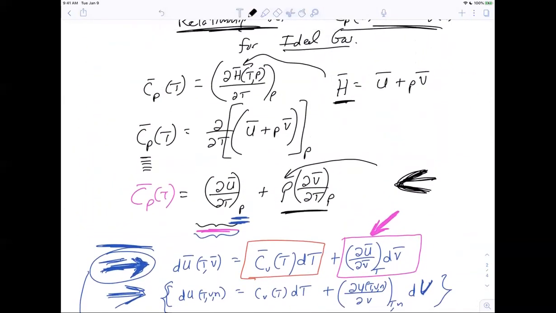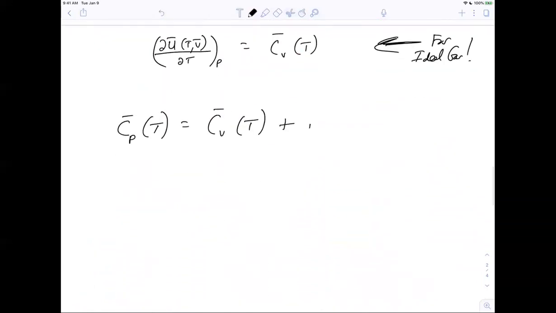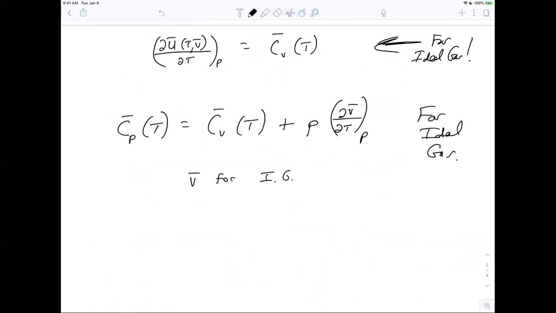We have to worry about this term, plus P times the partial of V bar with respect to T at constant P. Again, this is for an ideal gas. We're only interested in an ideal gas for the moment. Well, what's V bar for an ideal gas? Because we have to evaluate this partial derivative. Well, we know that PV equals nRT.